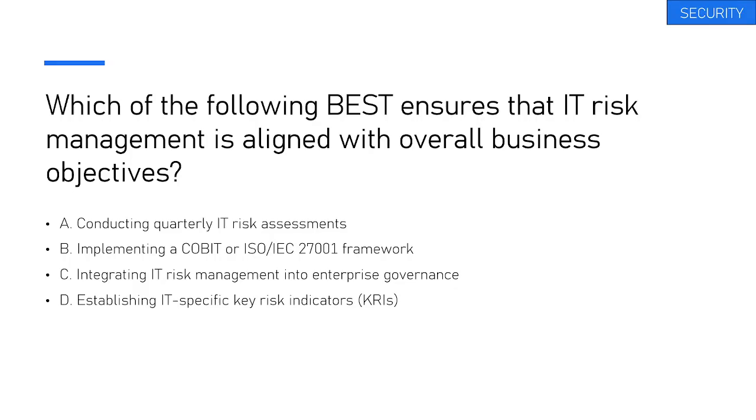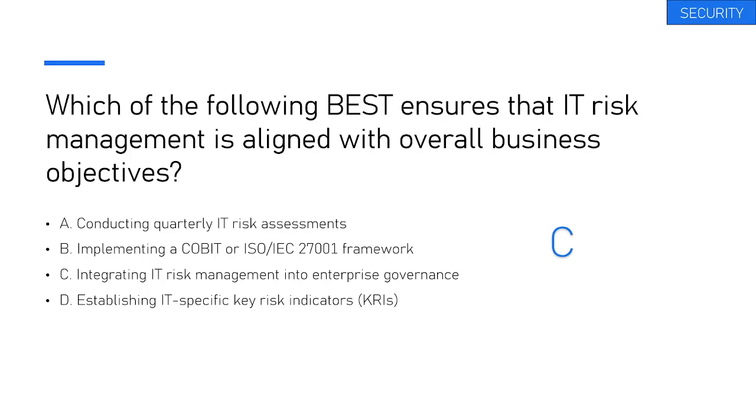C is integrating IT risk management into enterprise governance, and finally D is establishing IT specific risk indicators, KRIs. Which one do you think is the right answer here? And I'm having some doubt here, but I believe it is C. So let's pick up C and then go for it. C, yeah, C is the right answer, right?